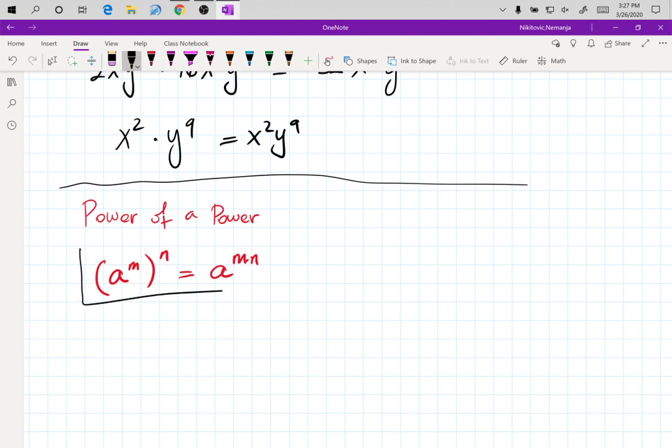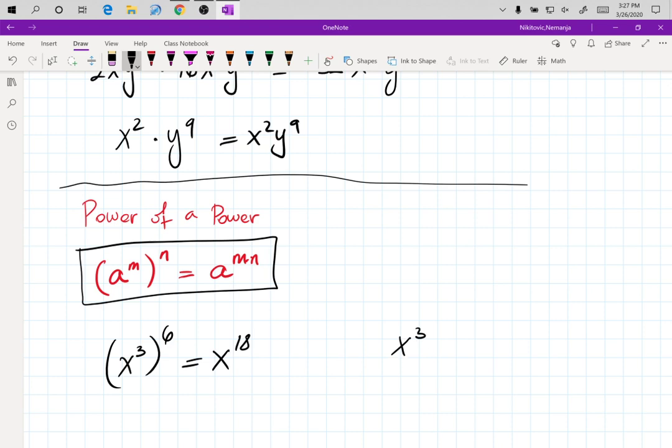And this one has, again, a simple way to solve it. X cubed raised to the 6th power is just x to the 18, because 3 times 6. So we have to be very careful. See, x cubed times x to the 6 is x to the 9. X cubed raised to the 6 is when we multiply them and we get 18.